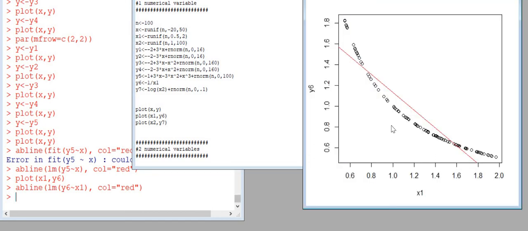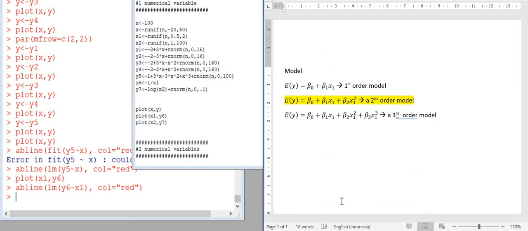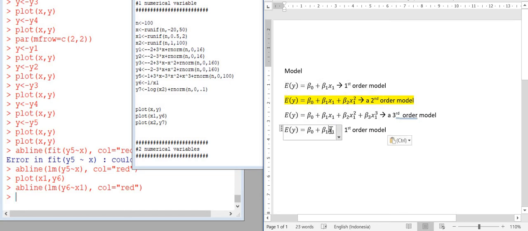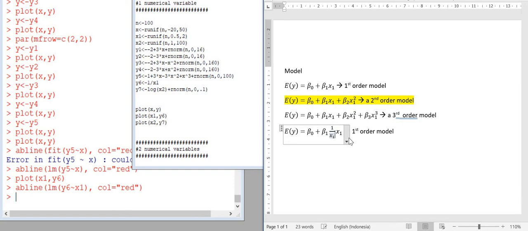But we can also try something else. In this case, instead of x1, I will use 1 over x1.